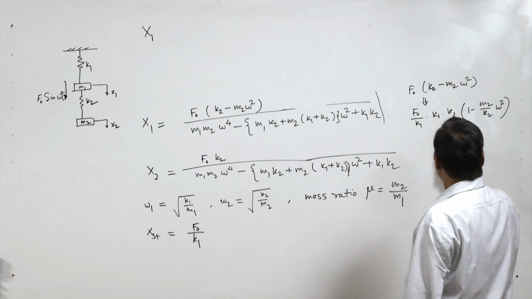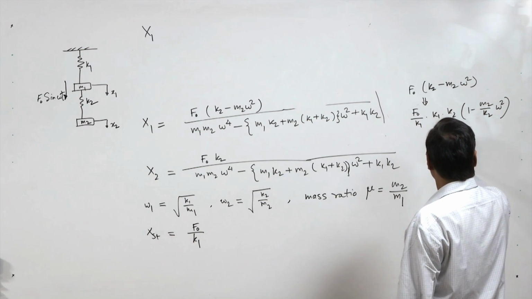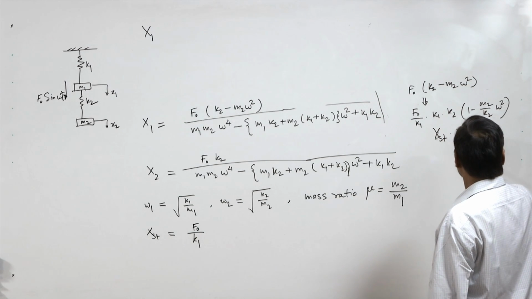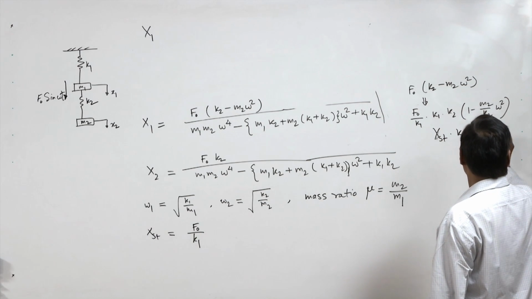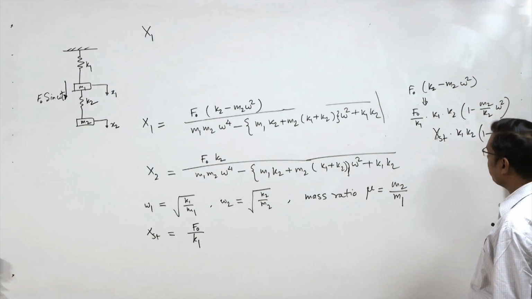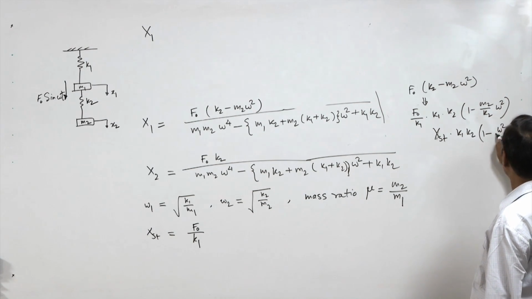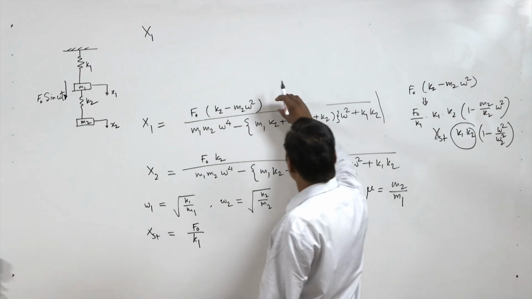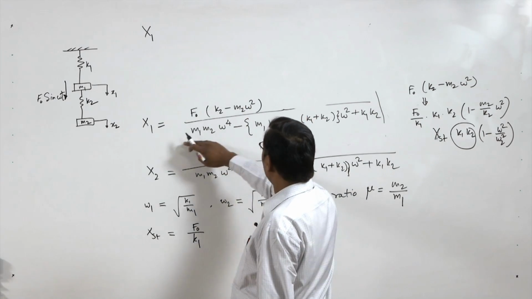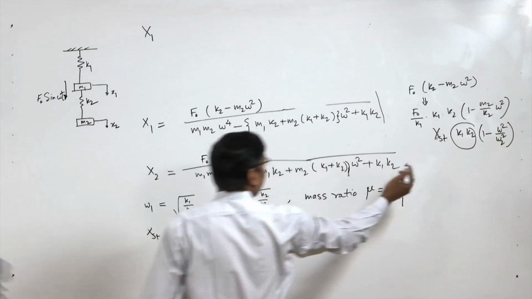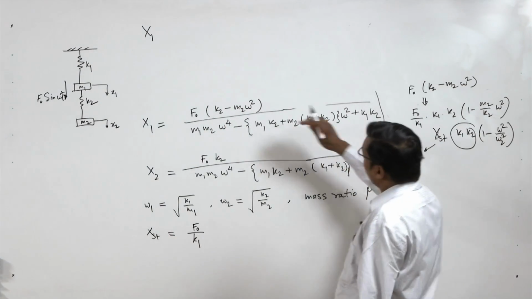So here F0 by k1 is x st, into k1 k2 into 1 minus. Here k2 by m2 under root is omega 2 square, so we can write omega square by omega 2 square. And this k1 k2 term, because this will come in the numerator, we can take here and divide here, and we take this x st term to the other side.